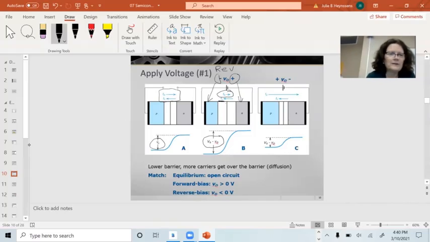If I look at my IV curves, the IV for a diode, I'm going to exaggerate this a little bit. I get a negative current in reverse bias because it's dominated by that diffusion current.